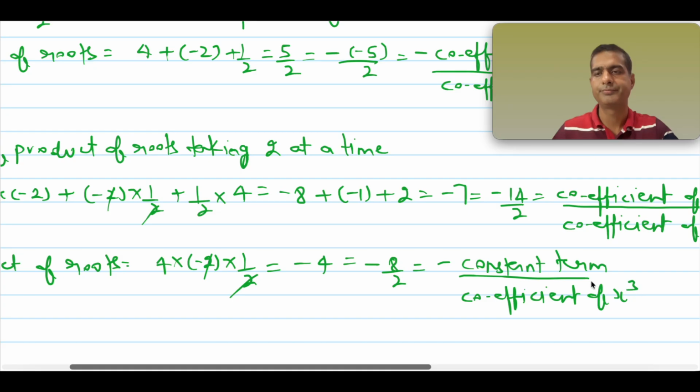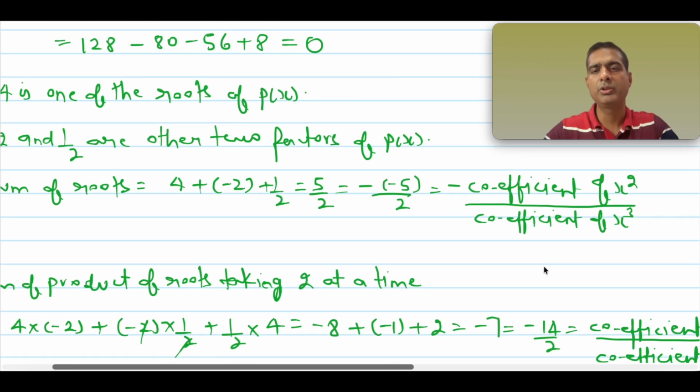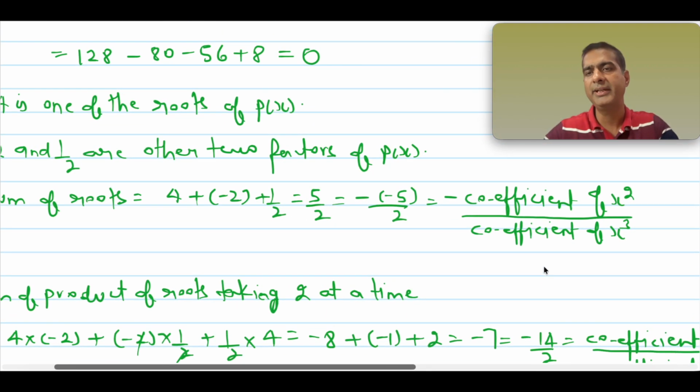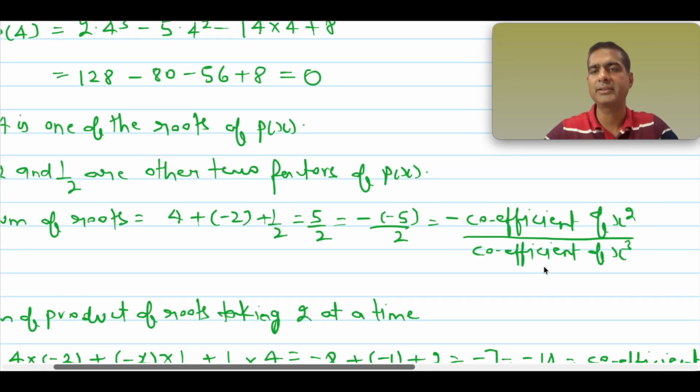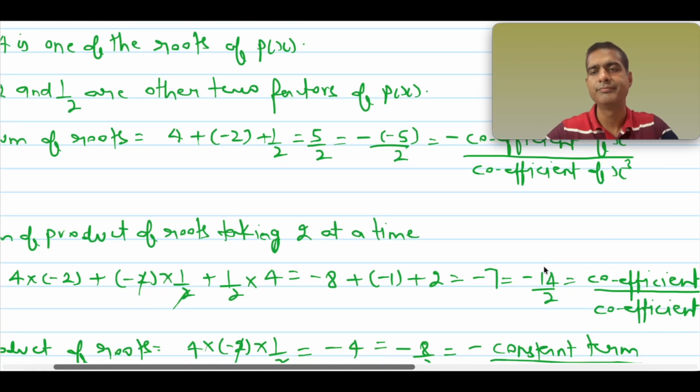So in this way, students, we saw the relationship between the roots of a cubic polynomial and their coefficients. So we saw that the sum of the roots will be given by negative times coefficient of x square over coefficient of x cube.